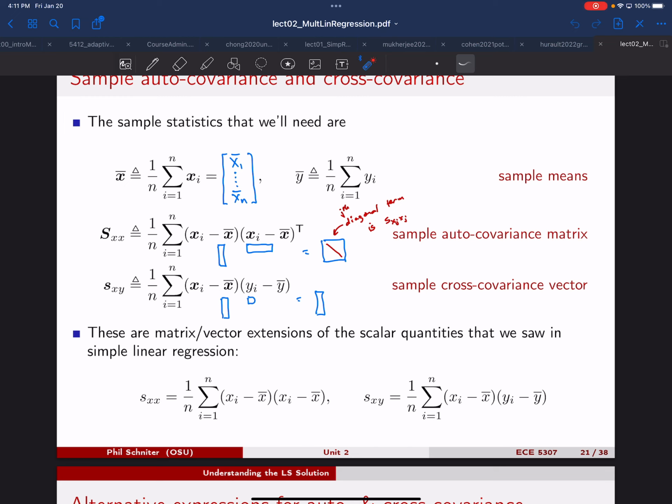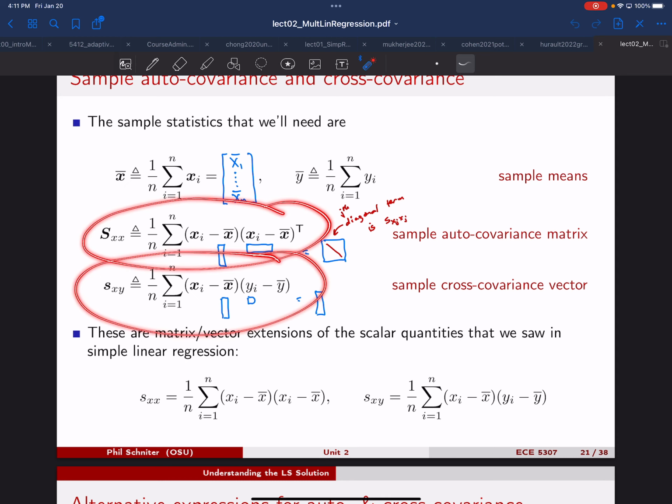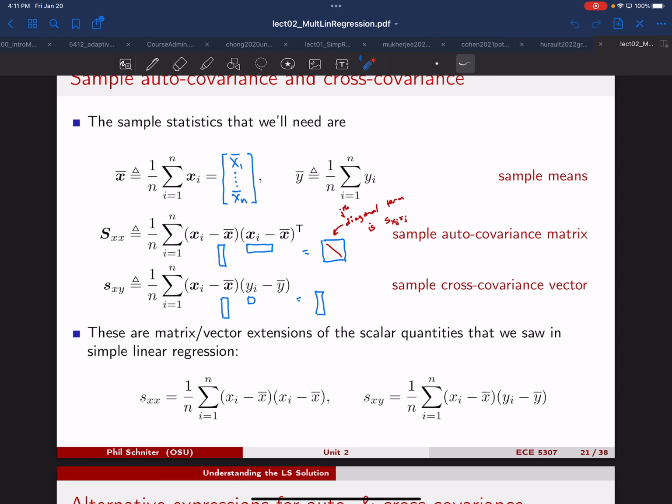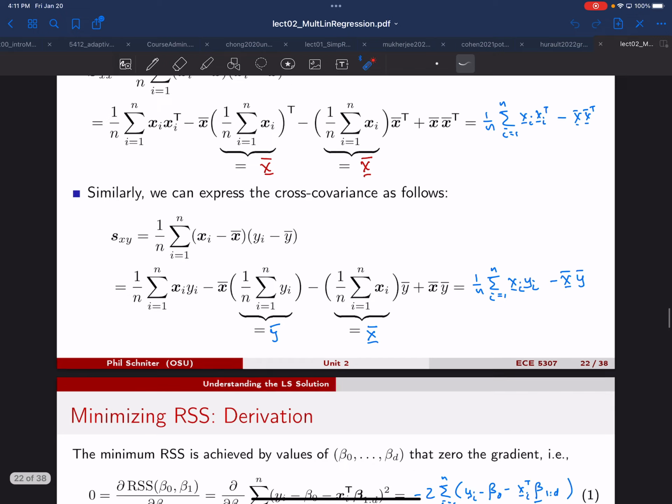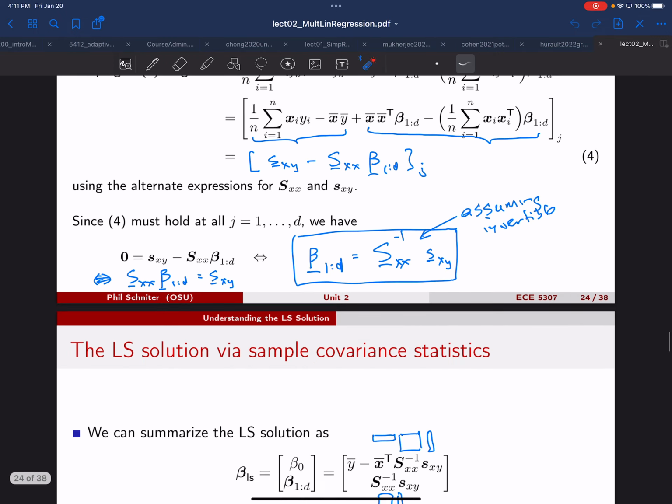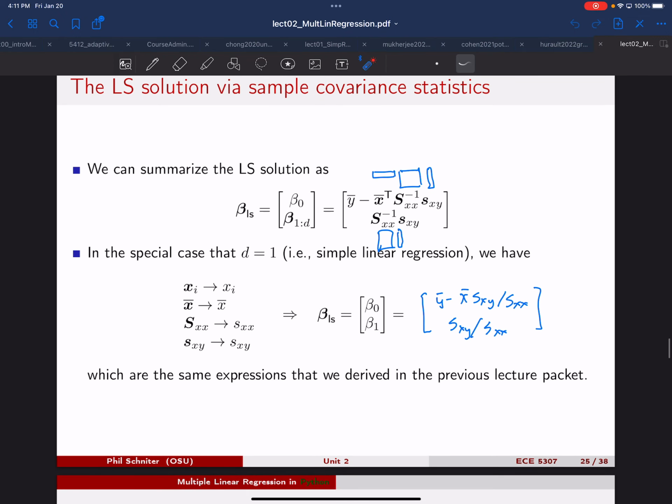These were extensions of the covariance and mean covariance, cross covariance statistics from the last unit, extended to multiple features. And with these new statistics, we were able to get expressions for the least squares solution that look a lot like the expressions that we derived in the last unit, which involve these statistics.